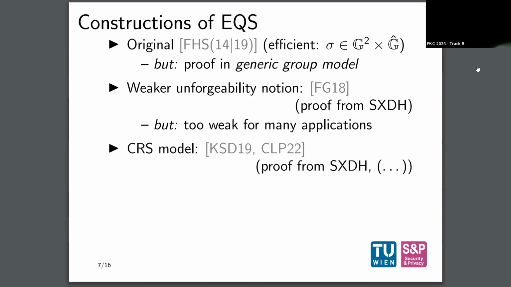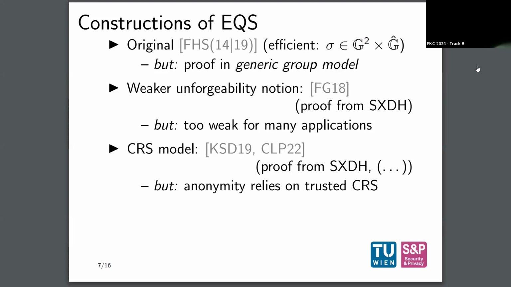Another approach that has been taken by Khalili, Slamanig, and Rakibali, I think, is to construct EQS schemes using a CRS. And they also proved it from standard assumptions. But the problem here is really that if we want EQS to have anonymity without trust assumptions, then in the CRS model this anonymity relies on a trusted CRS.